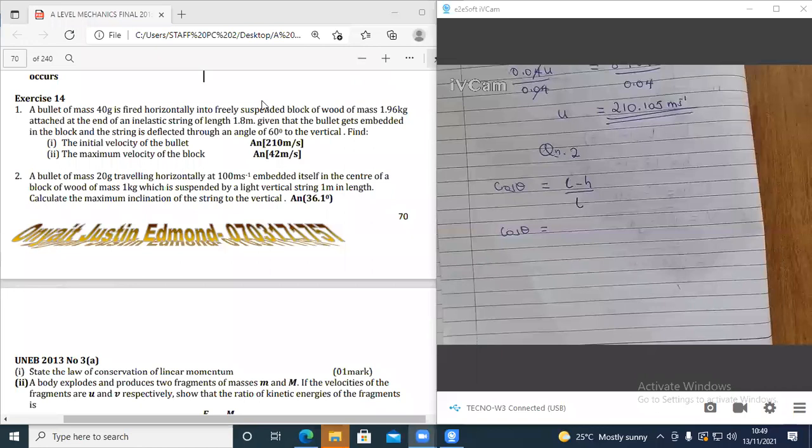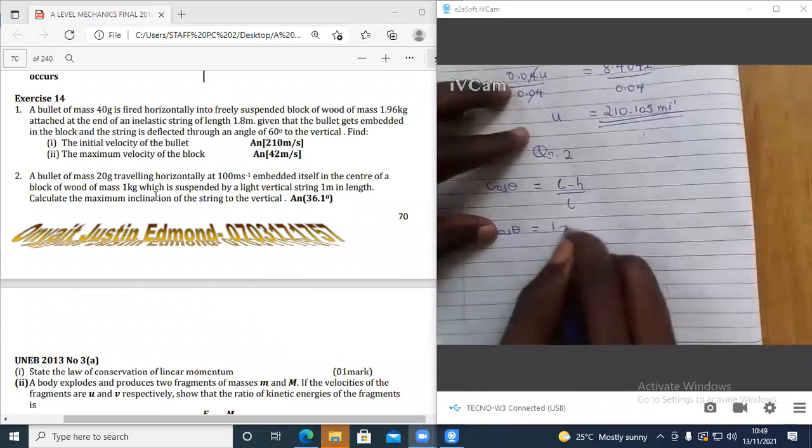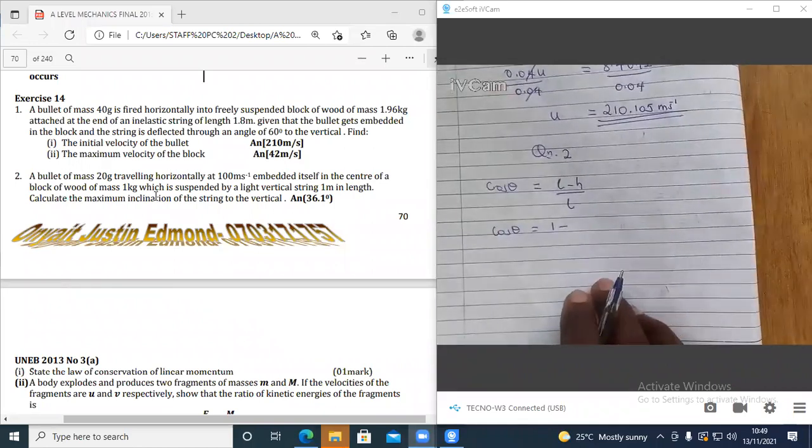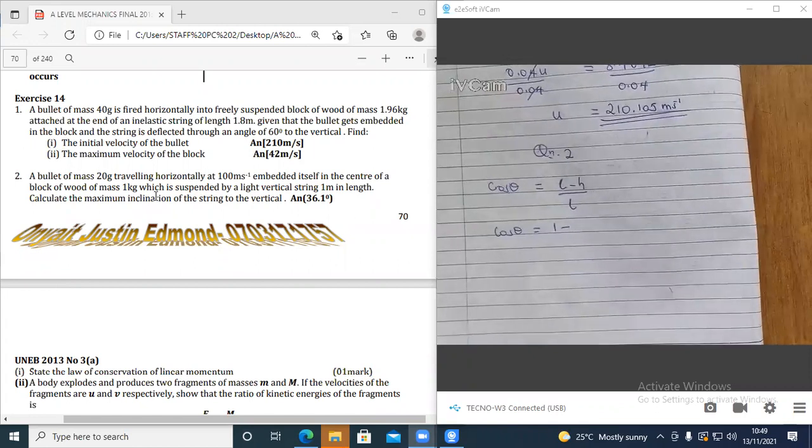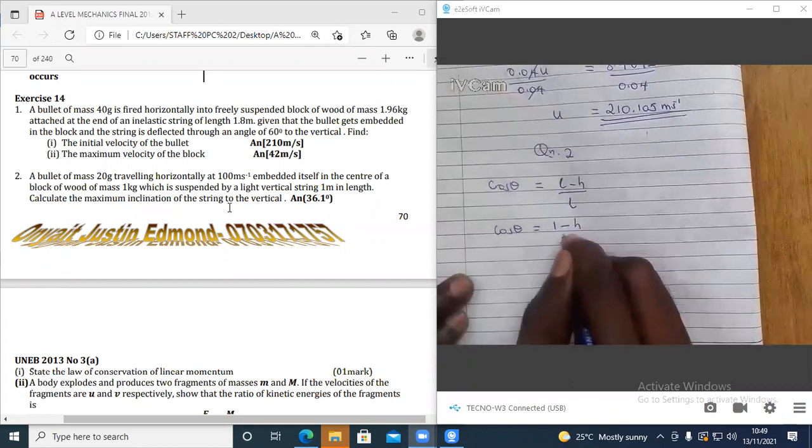The length is 1 meter. So 1 minus, what's the height? Have you got the height? No. The height was not given. So 1 minus h over 1.